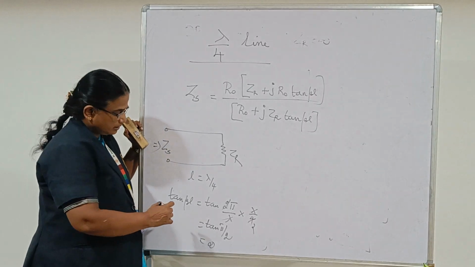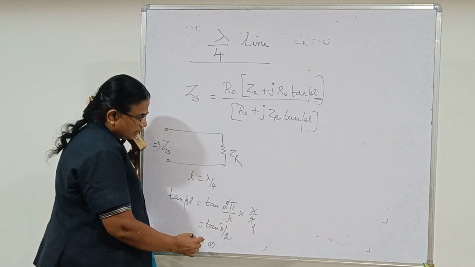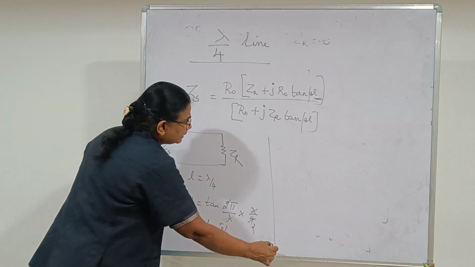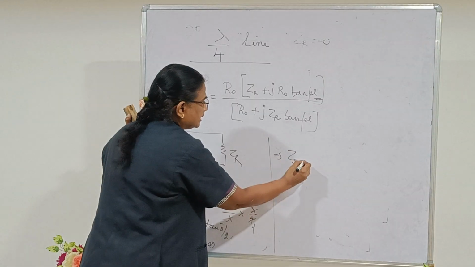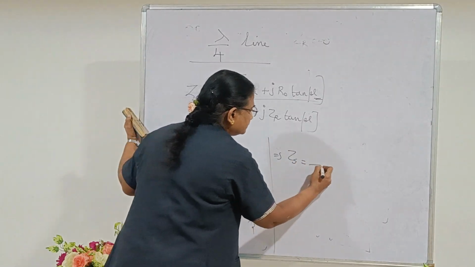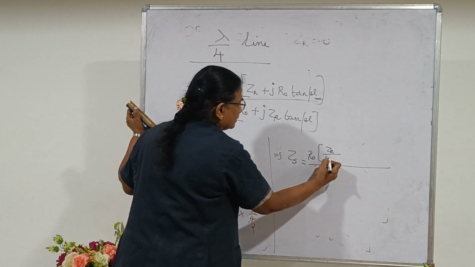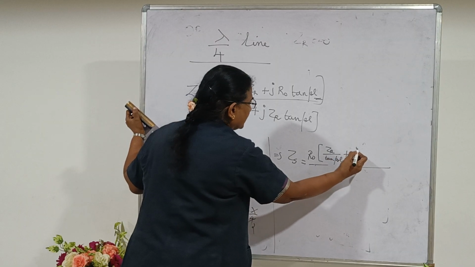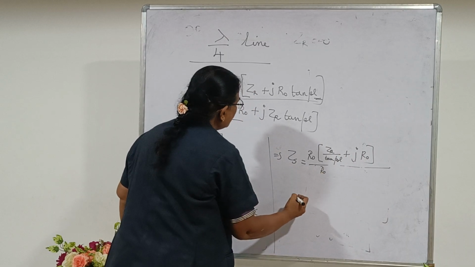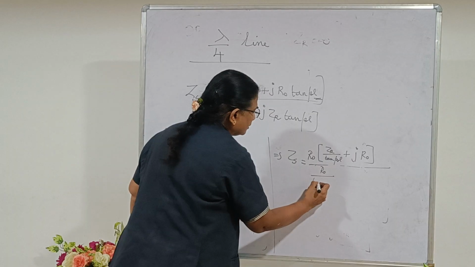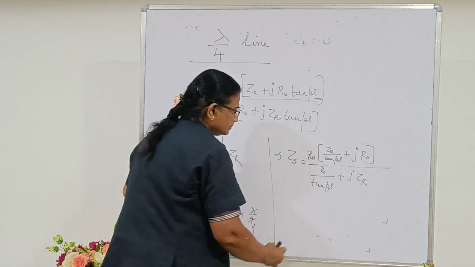So before substituting the value for L as lambda by 4, we will divide the numerator and denominator of this equation by tan beta L, so that we get the sending end impedance as R0 into ZR by tan beta L plus J R0. In the denominator, we will have R0 by tan beta L plus J into ZR.